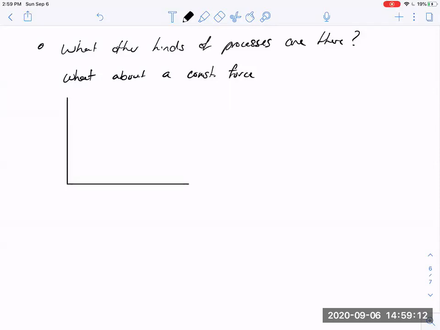What are the implications on the work in such a case? Well, again, if I plot my equation of state, which is nothing but this line going between L1 and L2, if I start in L1, let's imagine applying a constant force of size F external going between L1 and L2.